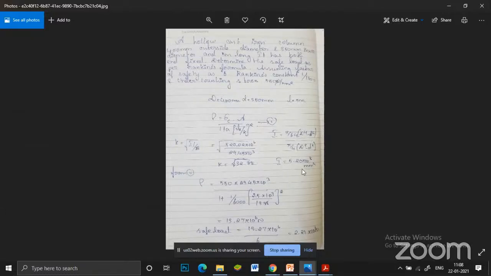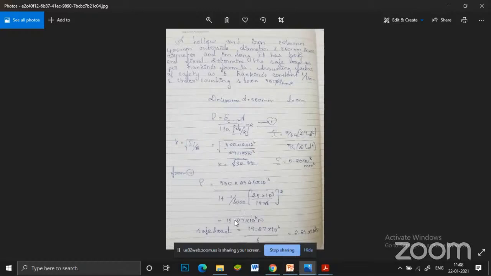Then with the help of the area, K is equal to root of the I value divided by the area, and we find the radius of gyration. And after that, with the simple formula of crushing stress, area, Rankine's constant and radius of gyration, we will find the crushing load. It is not a buckling load; it's a crushing load, because it is Rankine's formula for a short column.